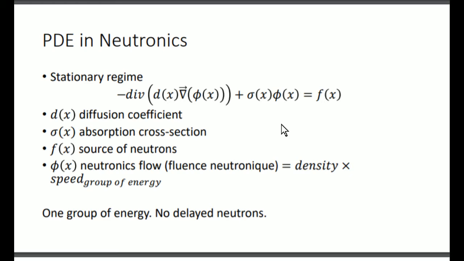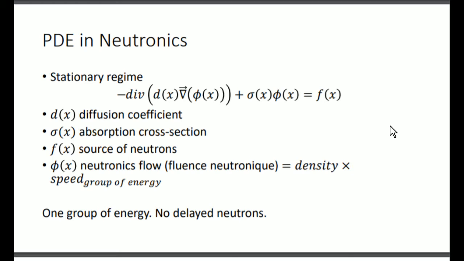So how does it work? Neutrons in a reactor can have multiple energies, so multiple speeds, and we usually split them by speed. Obviously, energy is a continuous variable, so it's very hard to make groups.